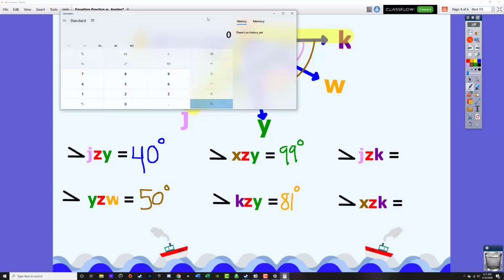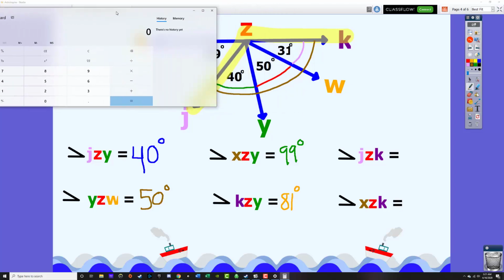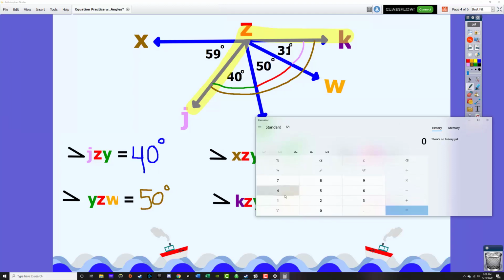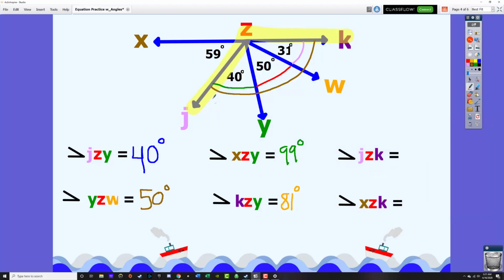And just to double check our answer, let's type it in. 40 plus 50 plus 31 is equal to 121. So the distance all the way across angle JZK is equal to 121 degrees.